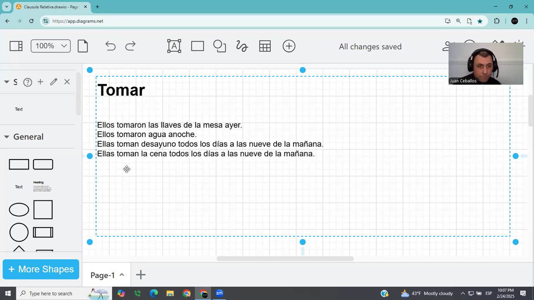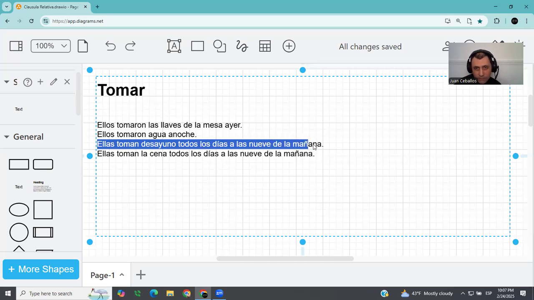The reason why tomar la cena and tomar almuerzo are wrong is that tomar desayuno kind of means to drink breakfast. This is something we say because a lot of times people in Hispanic countries do not eat a heavy breakfast. They just eat maybe a cafe and cookies or things like that, something soft.